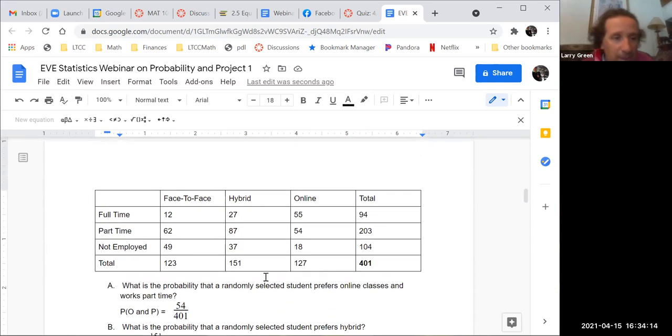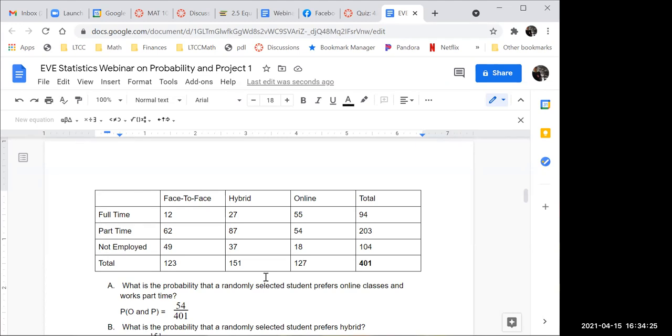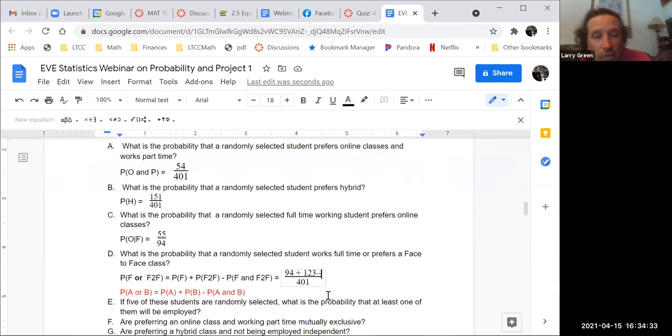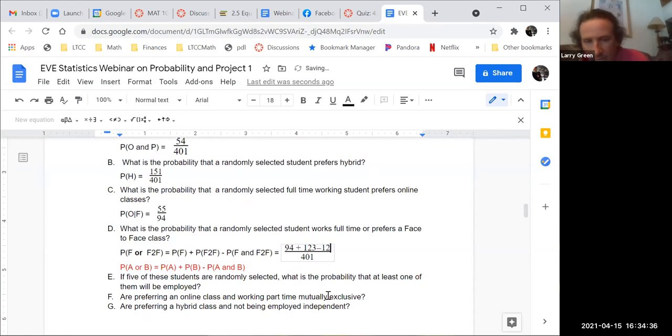Okay, what's the probability of full-time and face-to-face? 12 over 401. Yeah, 12 over 401. Any questions on that idea? So 12 over 401. And again, I put the 12 on the top, and then everything's over 401, so I'm good.